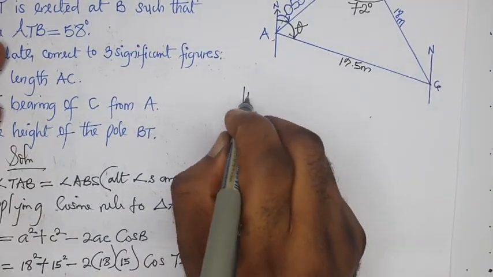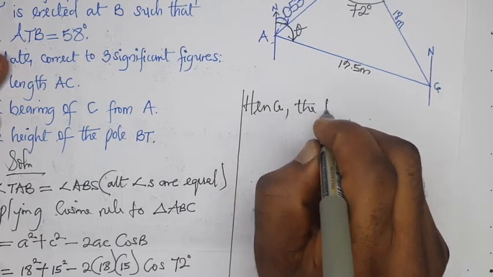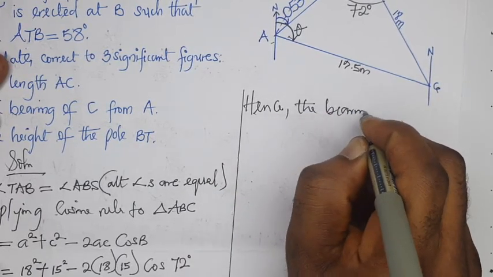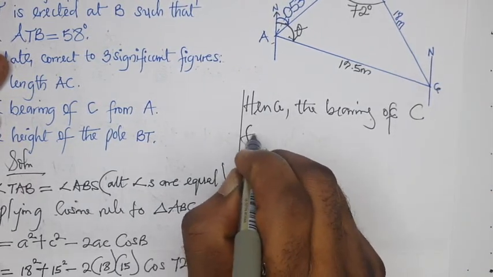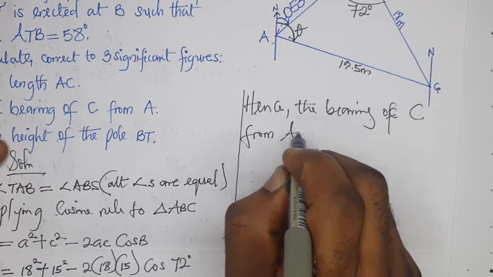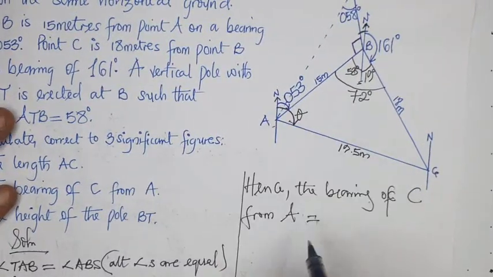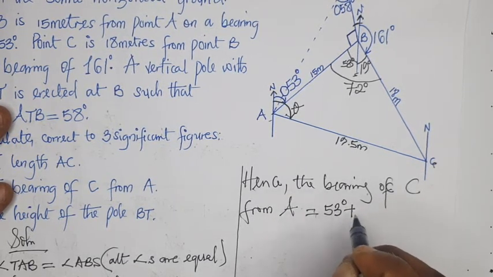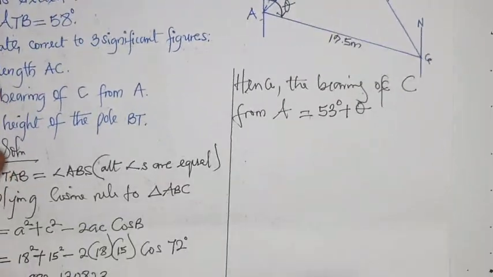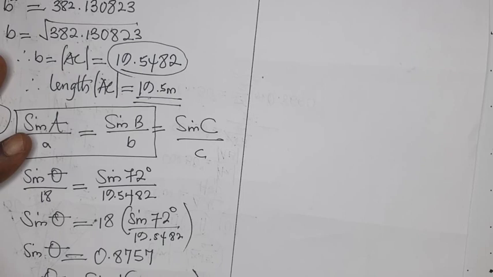Since we've already shown our working, I'll just say, hence, the bearing of C from A, which the question wants us to do, is equal to, now we'll go back to the question and borrow 53 degree that we already have. 53 degree, add theta. And right now, from the calculation we have done, our theta is 61.1321. Remember that.